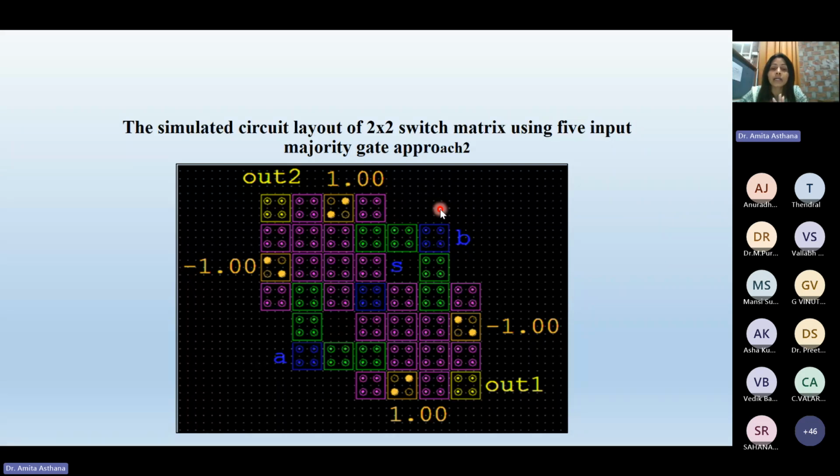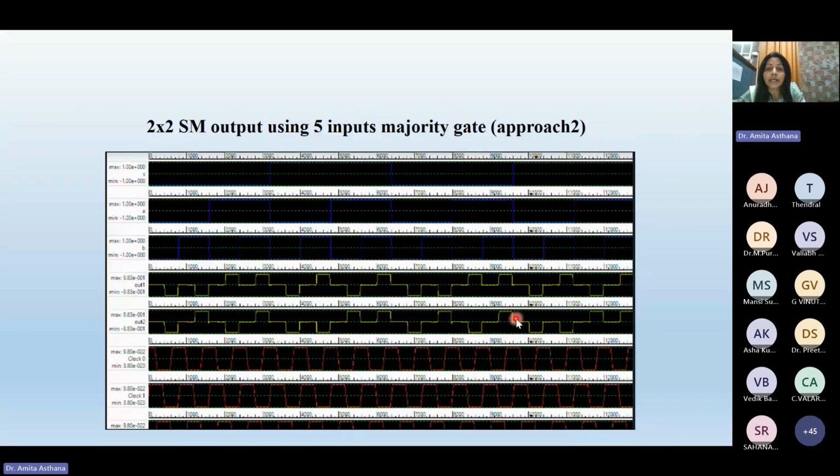A and B are the users at the input side, and out 1 and out 2 are the users at the output side. Both polarities 1 and -1 have been given to each majority gate, constituting the 5 inputs to the circuit, and we are getting the output again correctly for approach 1 and approach 2.